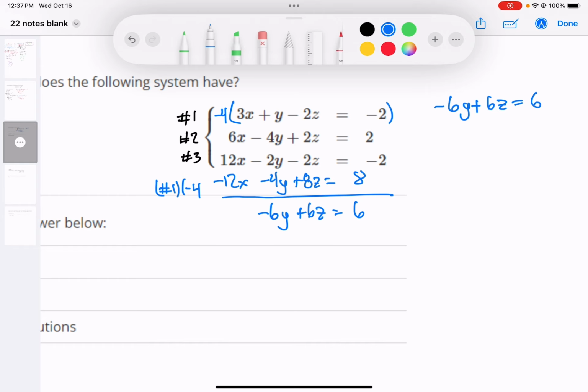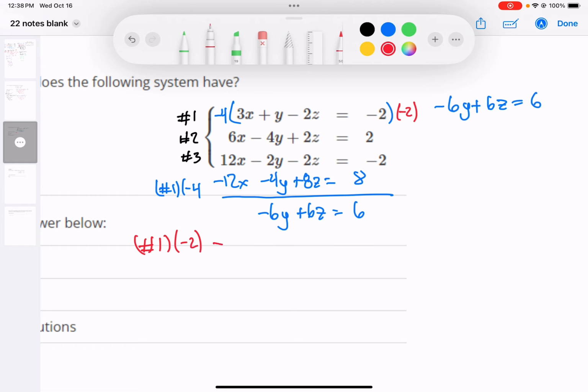So I used 1 and 3, so I need to use 2. So once again, I'm going to take number 1 on this second go around. Let me get a different color. I'm going to go number 1, and I am going to times it by a -2.